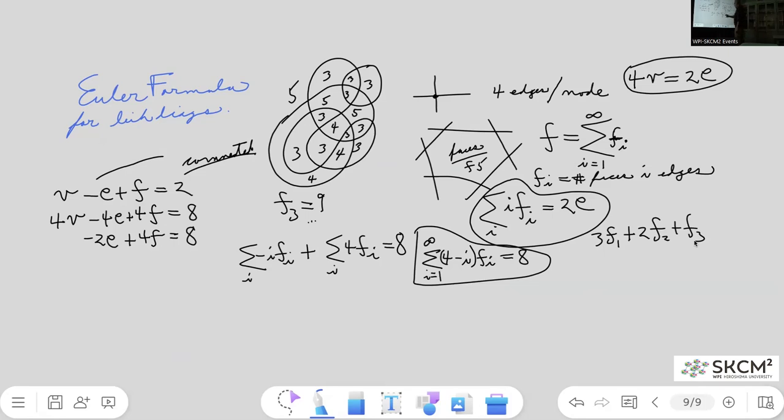And then we get negative numbers after that: 4 minus 5, 4 minus 6. So I'll put it on the other side, 8 plus, now with i equal to 5, we get F5 plus 2F6 plus 3F7 plus and so on.